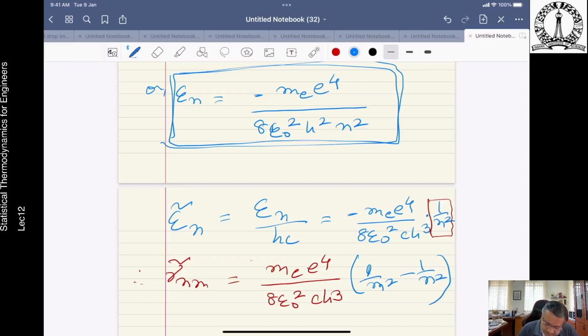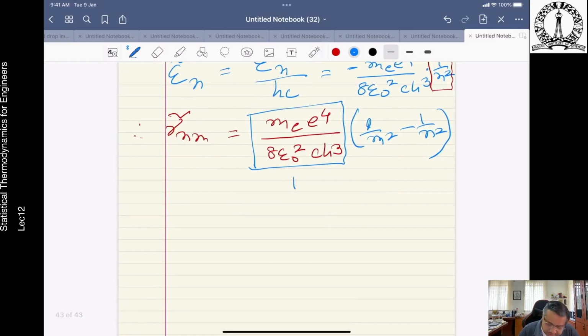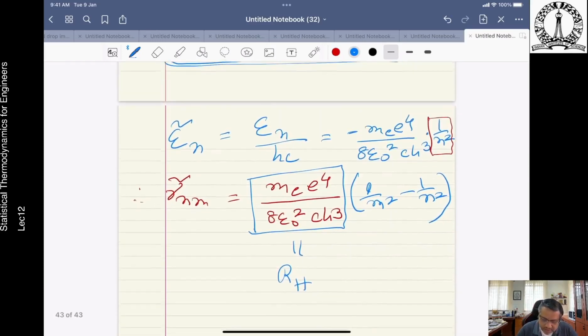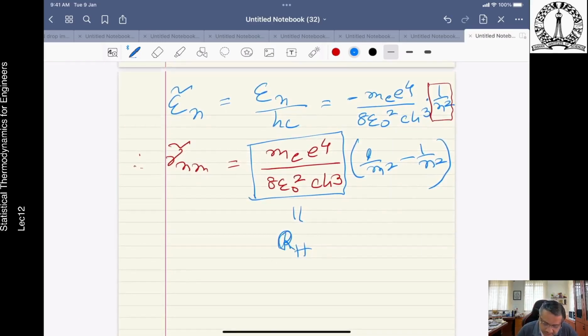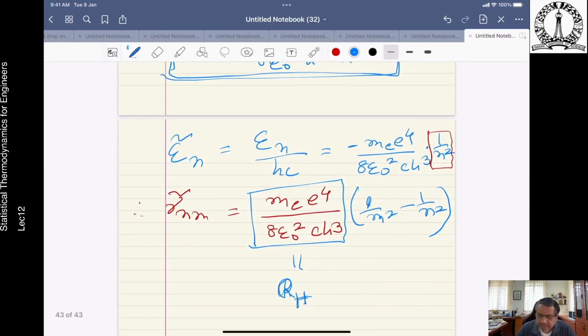Okay, so this particular term that you see over here is supposed to be the Rydberg constant. And it indeed turns out to be a very accurate estimate of the Rydberg constant, right? So as you can see, in this particular expression, R_H is now represented by this.